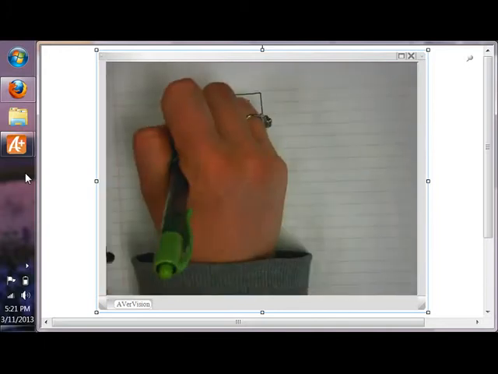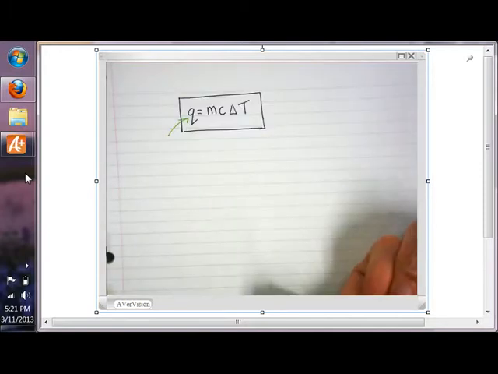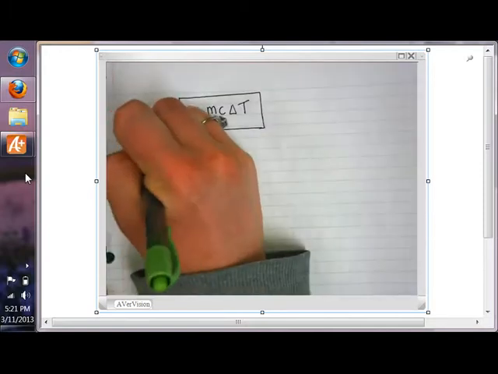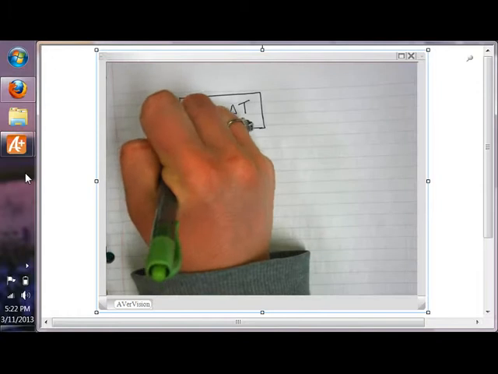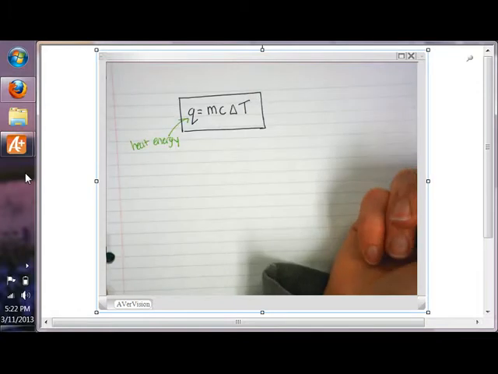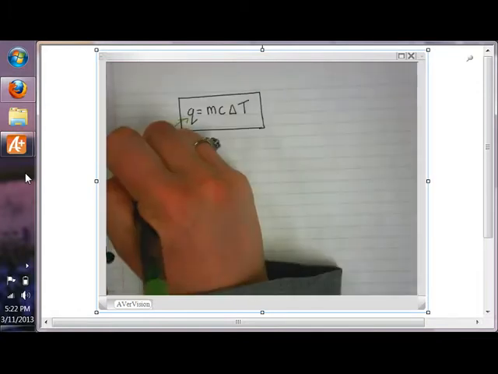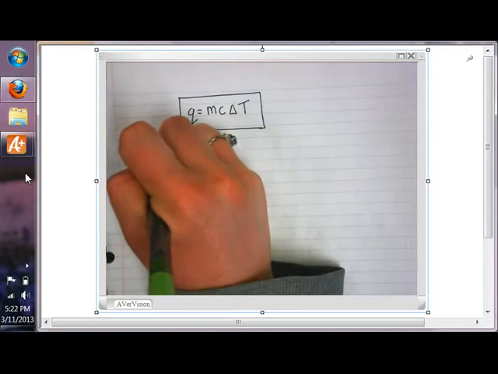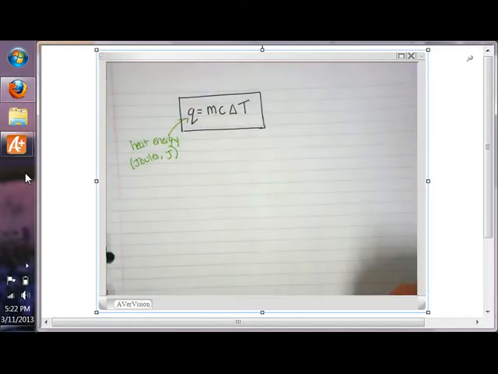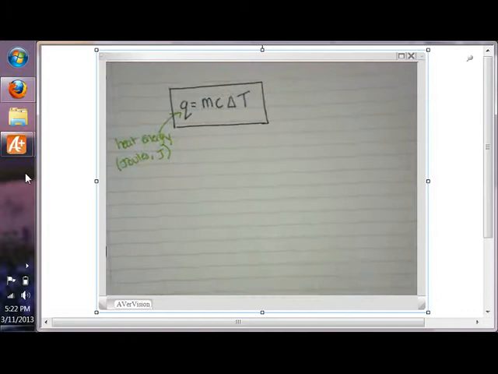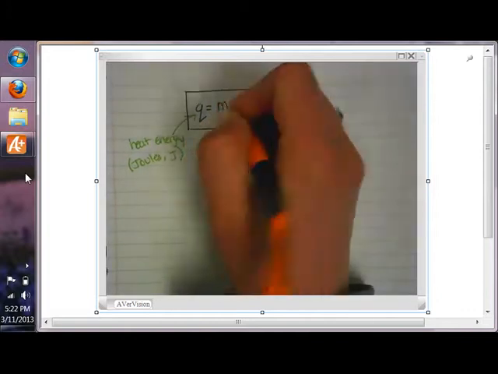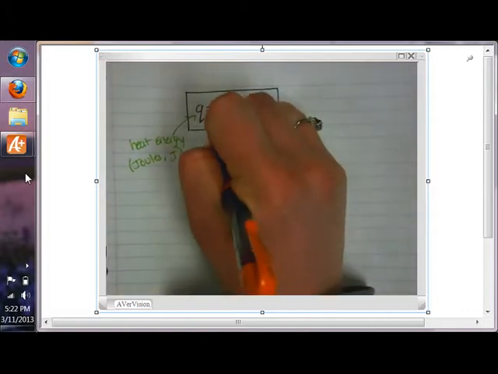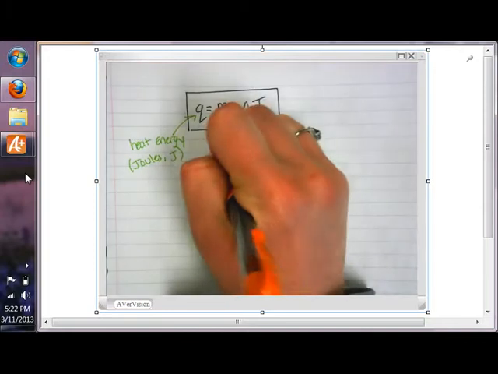Q represents heat energy, and that is in units of joules, which is a capital J. M stands for mass, and that is in units of grams.